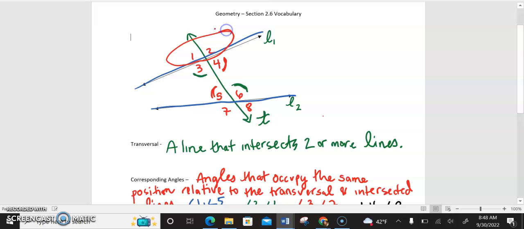So these angles, again, excuse me about that, angle 1 and 2 and angle 7 and 8 are on the exterior portion of the figure. So angle 1 and angle 8 are alternate exterior, and angle 2 and angle 7 are alternate exterior.